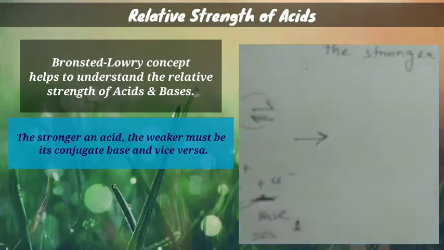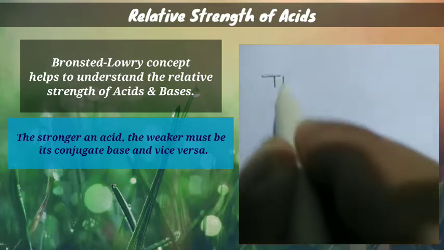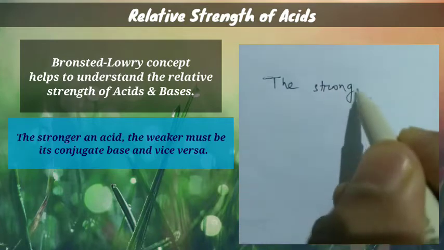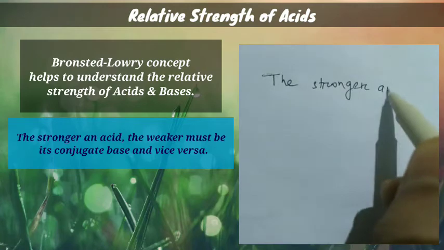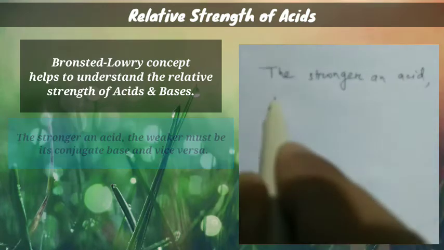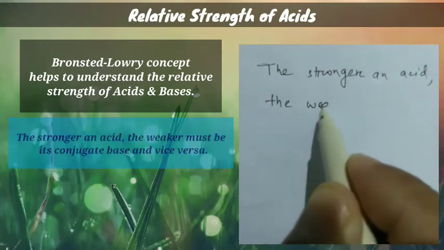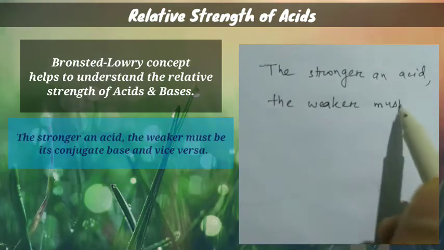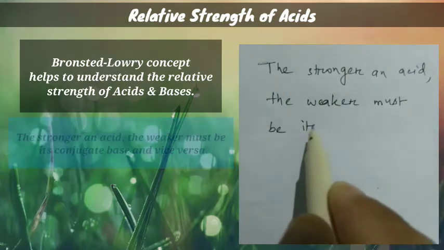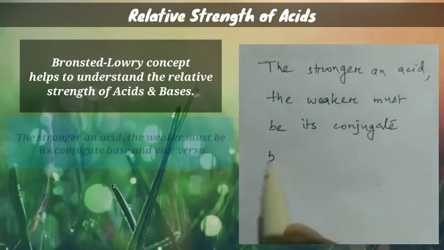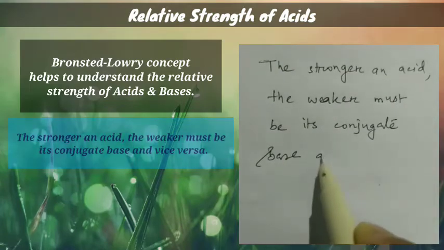So let's use a new page. The stronger an acid, the weaker must be its conjugate base, and vice versa.